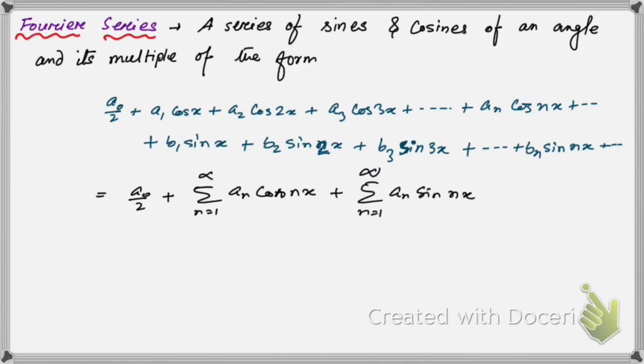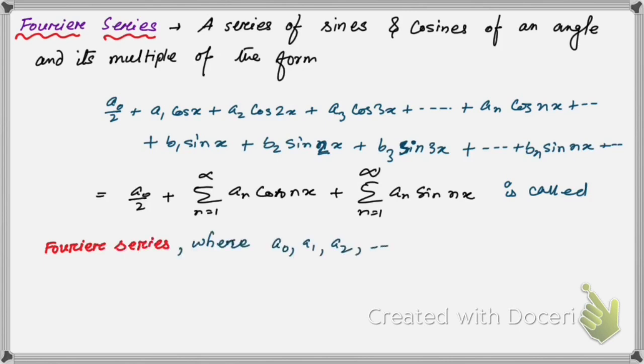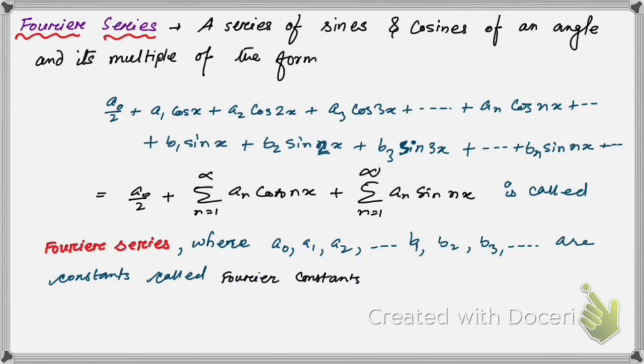Let me write it first. It's called a Fourier series, and here a naught, a1, a2, and so on, b1, b2, b3, these are all constants called Fourier coefficients, or Fourier constants.